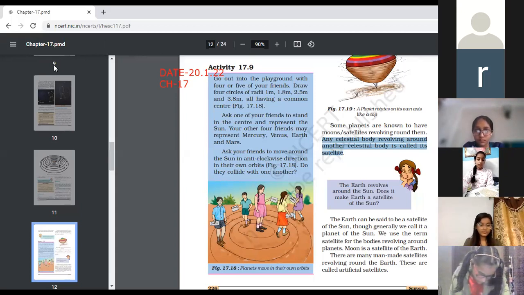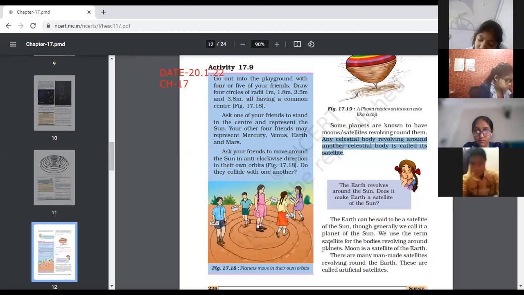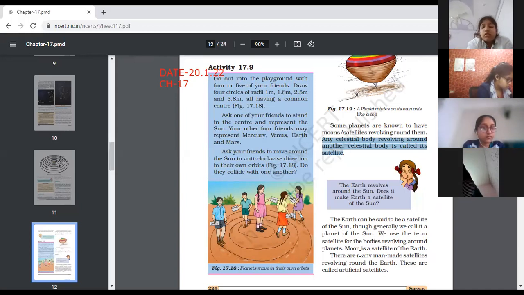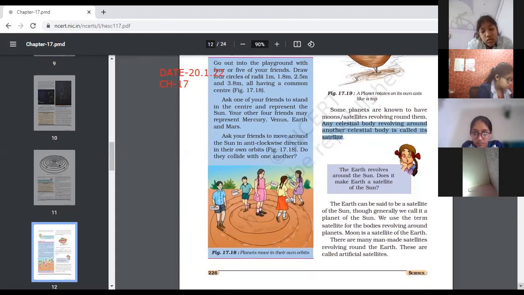So a body like Earth can be said to be a satellite of the sun. Generally we call it a planet. We can say it as a satellite, but we do not say that. Generally we say that Earth is a planet which is revolving around the sun. We use the term satellite when other celestial objects are moving around a planet, like the Moon is a satellite of Earth.